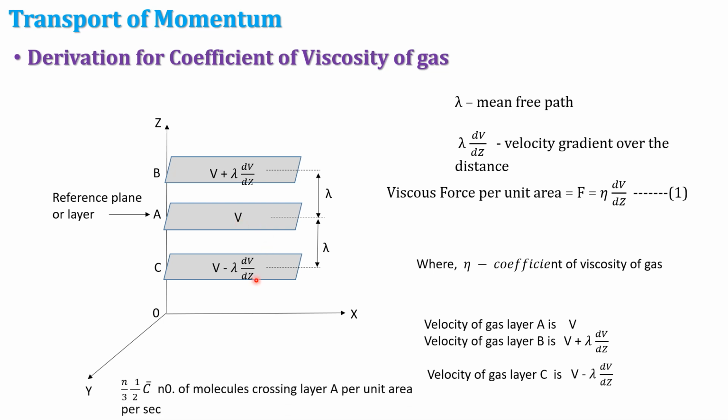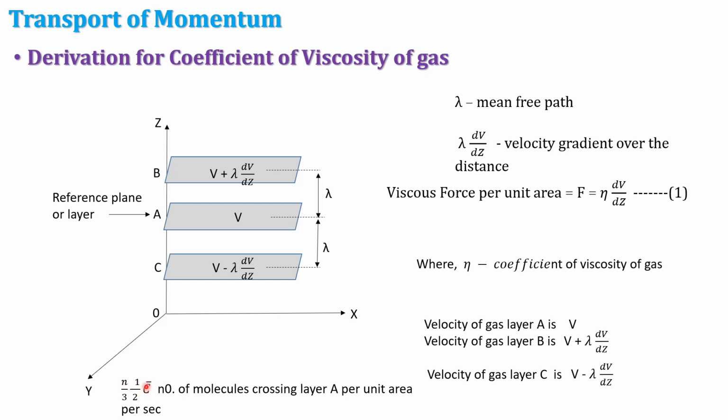Hence, n by 3 molecules are moving along each axis, and along any one direction, that is upward or downward, half of them. These molecules move with average velocity c bar.